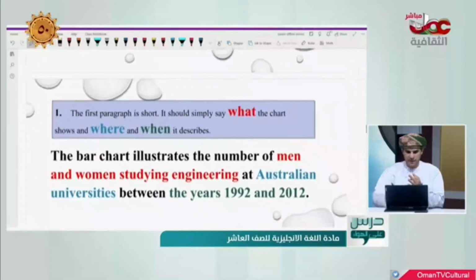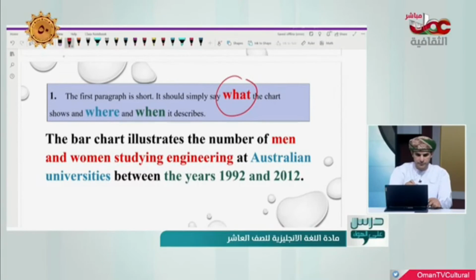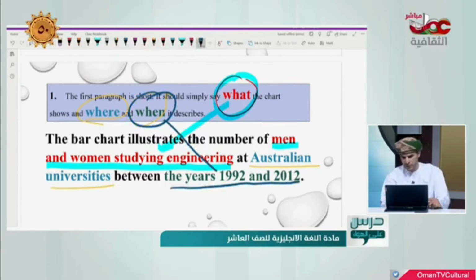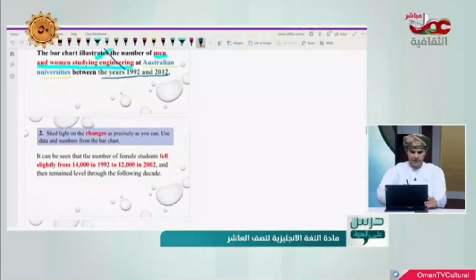As an example, the bar chart illustrates the number of men and women engineering students at Australian universities between the years 1992 and 2012, and you are done with the introduction. That's it. Don't go beyond that. Remember, don't forget to take screenshots.